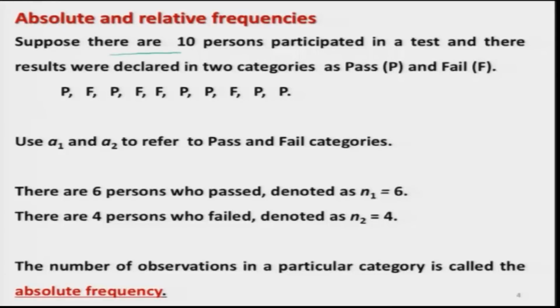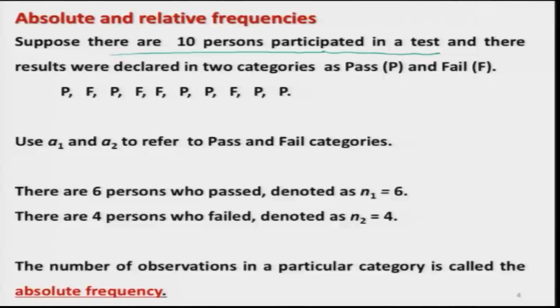Okay, so now let me take a simple example. Suppose there are 10 persons who participated in a test and their results were declared in two categories, either they passed or they failed.